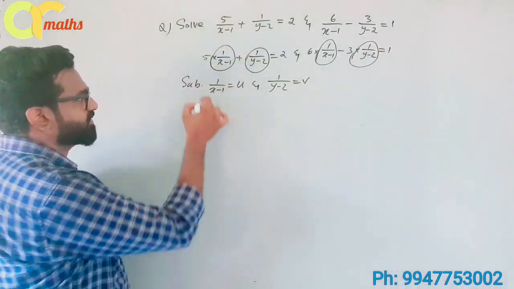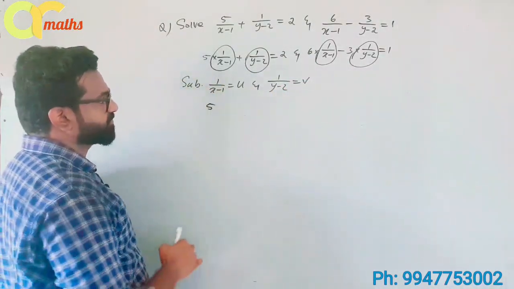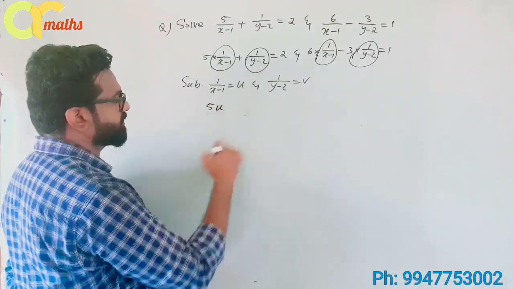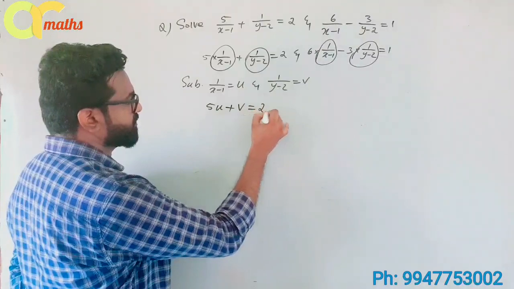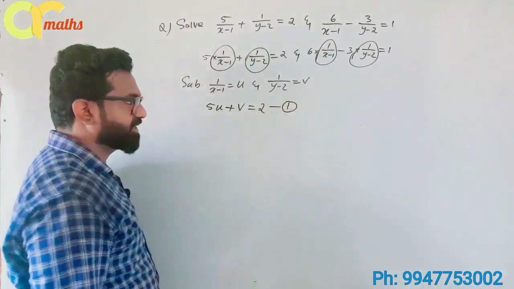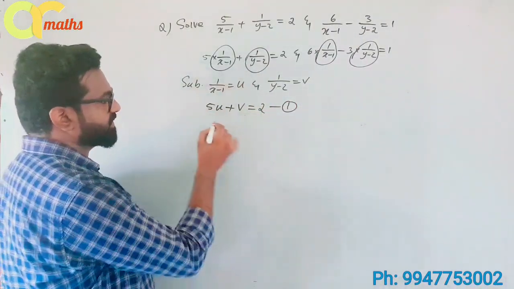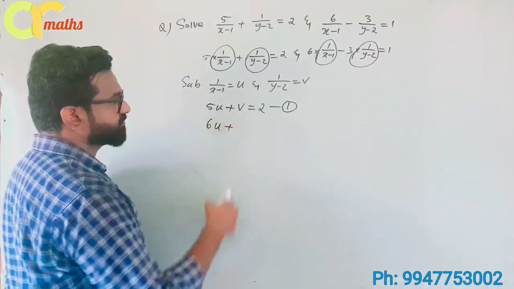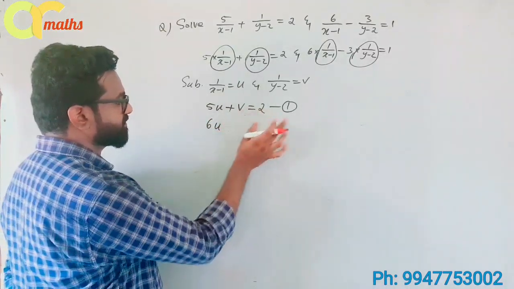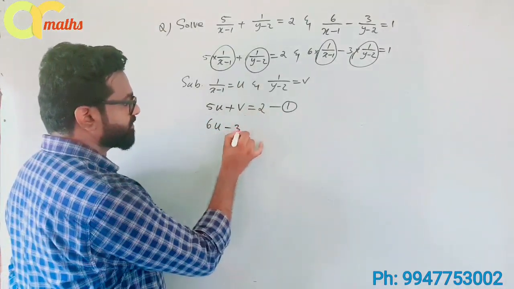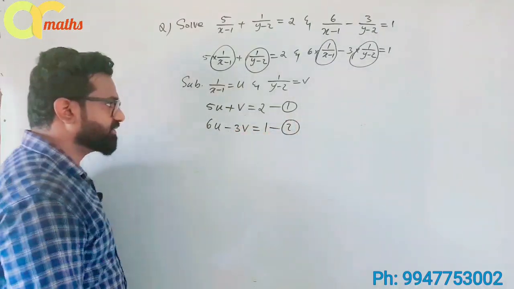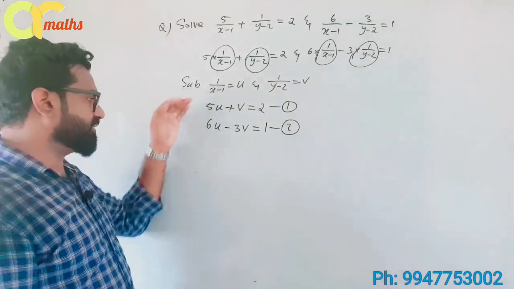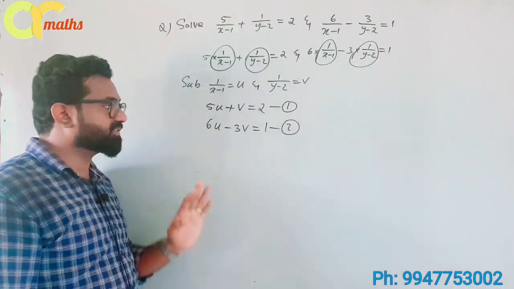Okay, then 5 into u, that is 5u plus v equal to 2. You got the first equation. Next 6u minus 3v equal to 1. You got the second equation. Then you know how to find the value of u and v by elimination method.